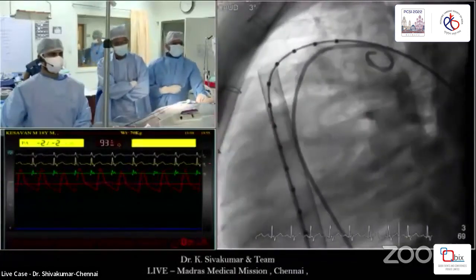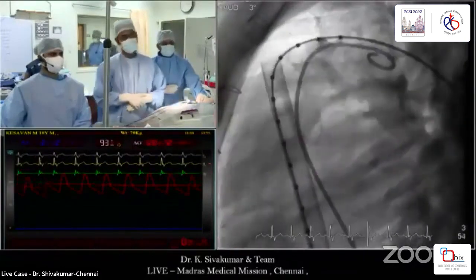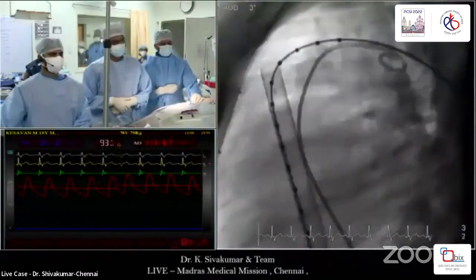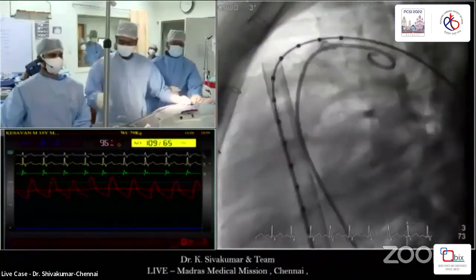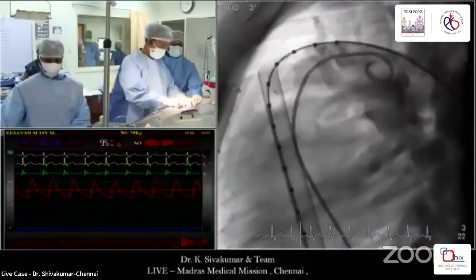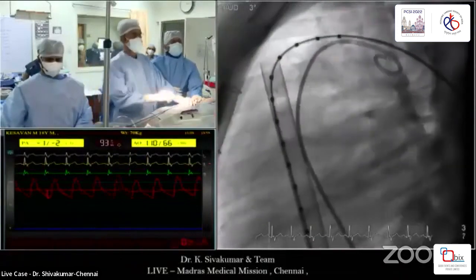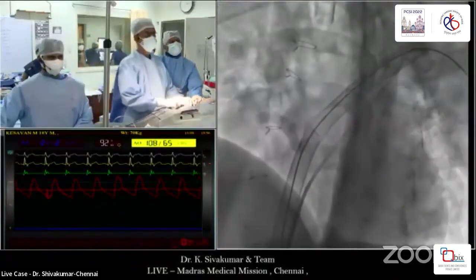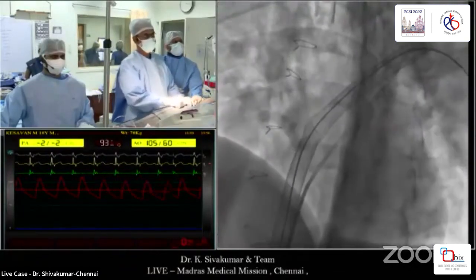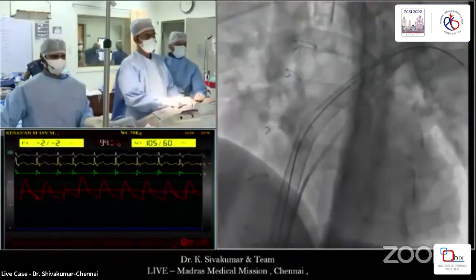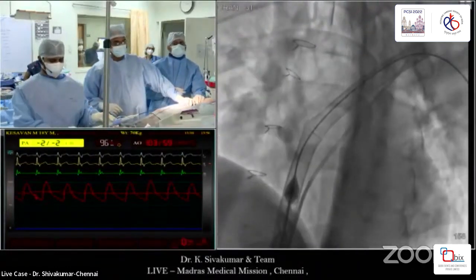Very good case, interesting case. I agree with you about the indications as well as the size. I think there are several reassuring things about choosing the size that you did. The only slight difference I would have is I'm slightly concerned about deploying the distal flare in the left pulmonary artery and then pulling it back, because it's a relatively short pulmonary artery, and so it gives you less margin for error.